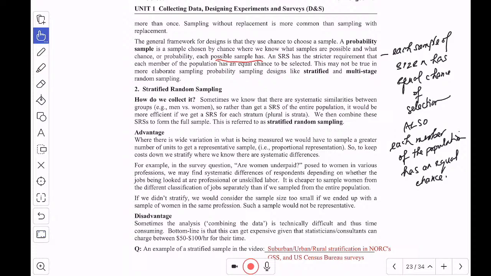For instance, in the video that you watched, there was a discussion about wanting to have a representation of urban, suburban, and rural households.